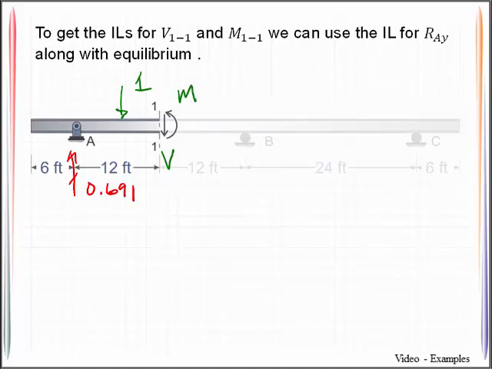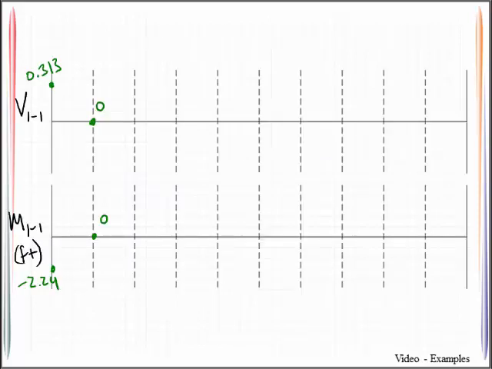I will then run the equilibrium equations on that, find out that shear is equal to negative 0.309 and moment is equal to 2.29. Then I need to go ahead and plot those on my diagrams here. The negative 0.309, and this one is 2.29.